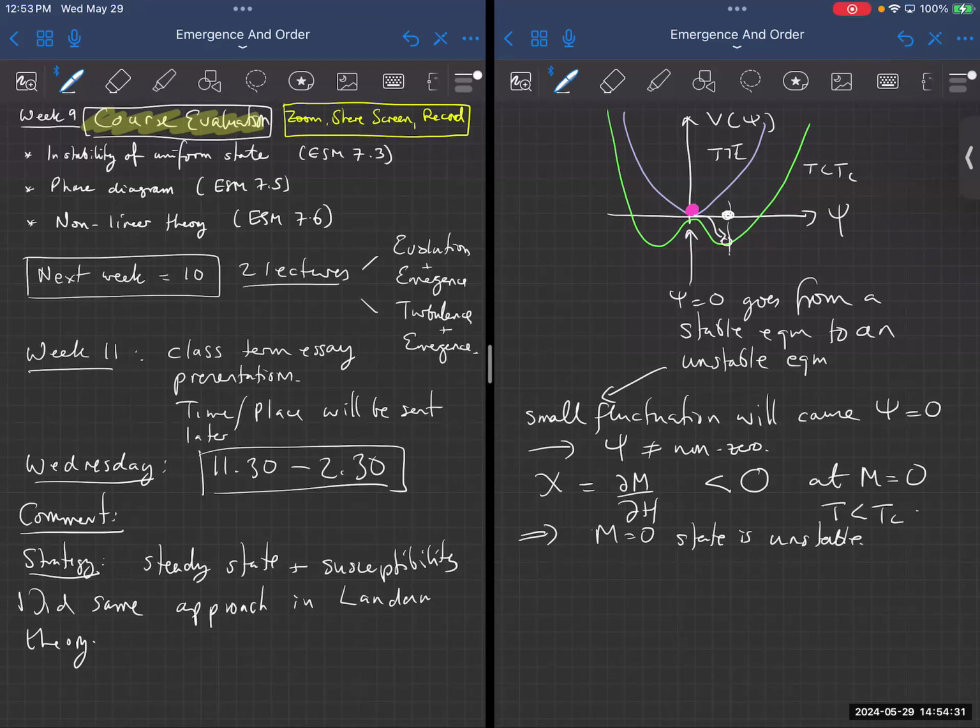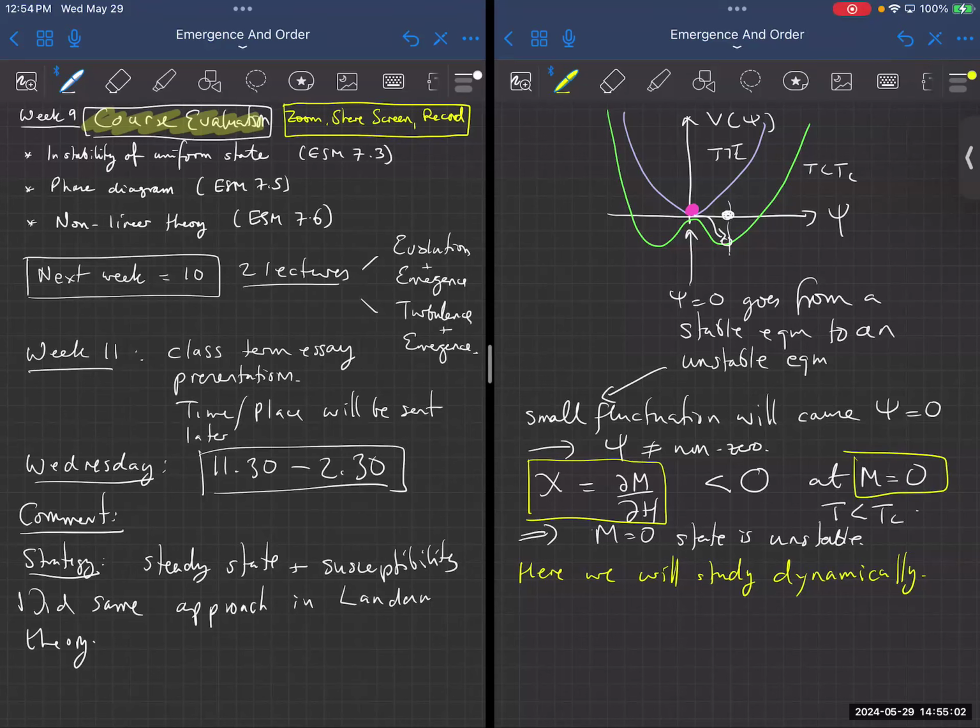Now, the main difference here is that we're going to look at this dynamically, whereas before, what we did was just look at signatures of instability in the equilibrium state. So we can see that m equals 0 is unstable for T less than Tc without having to perturb the system.